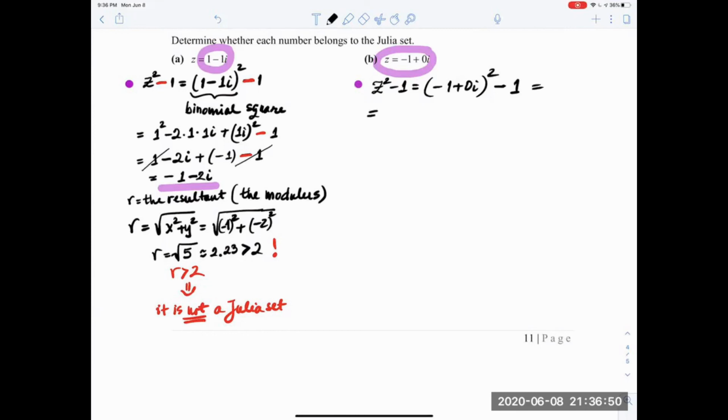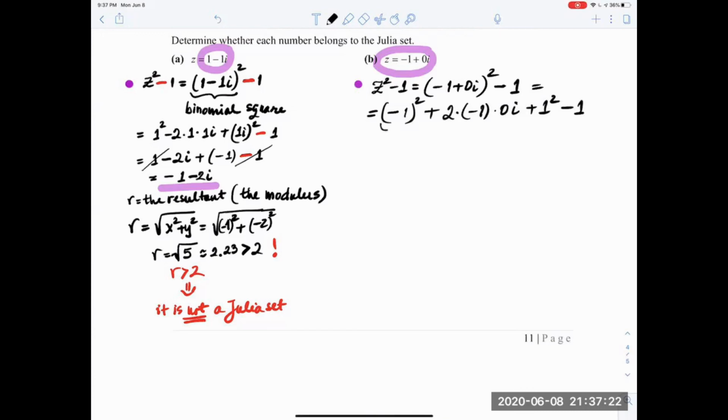So what do you get? Negative 1 all squared, plus 2 times negative 1 times 0i, and then the last one here is plus 1 squared, and then minus 1 that was already present. All right, so let's see what we get here.